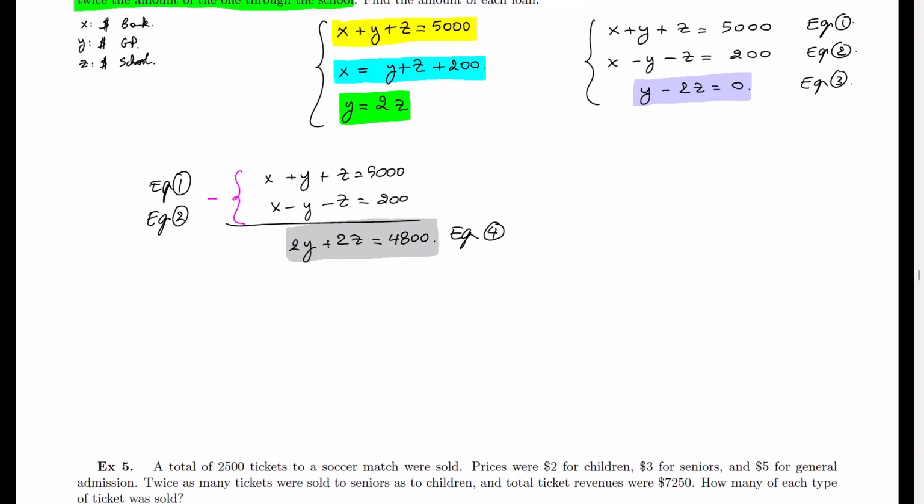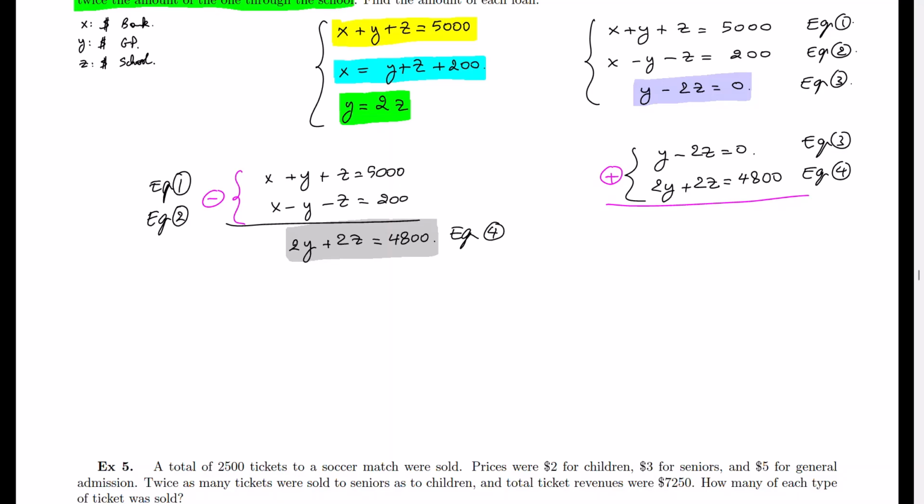So what I'll do is I'll put equation 3 and equation 4 together in one place, and I'll go ahead and eliminate some variable from them to get the other variable for free. So equation 3 and equation 4, we can eliminate very quickly the letter z if we just simply add those equations up with each other, because one of them already has negative 2z, the other one already has positive 2z.